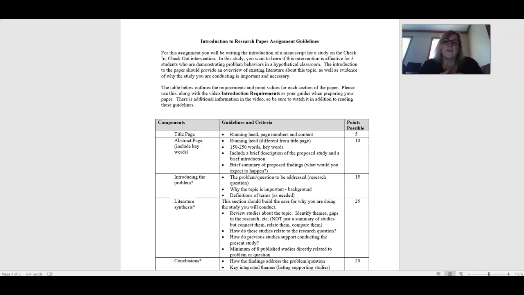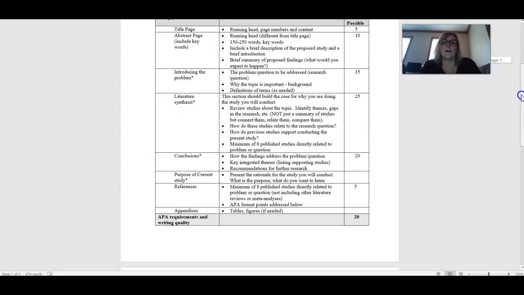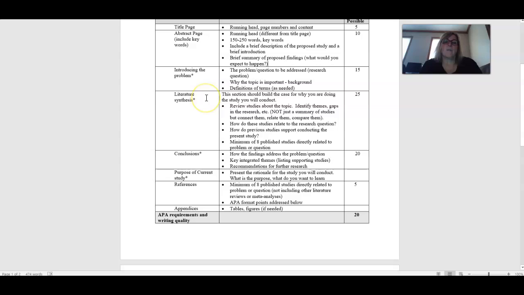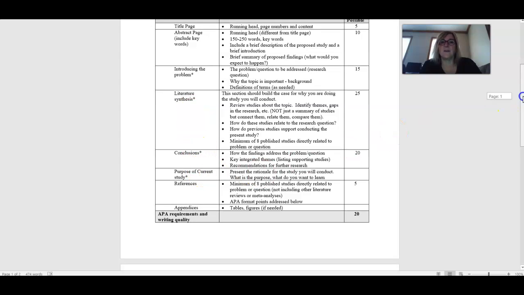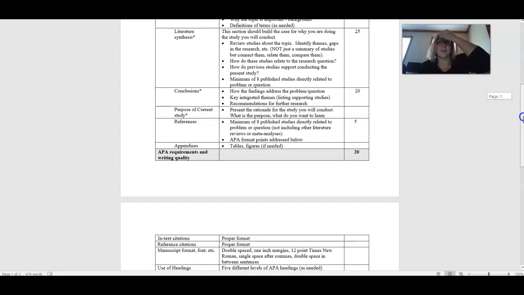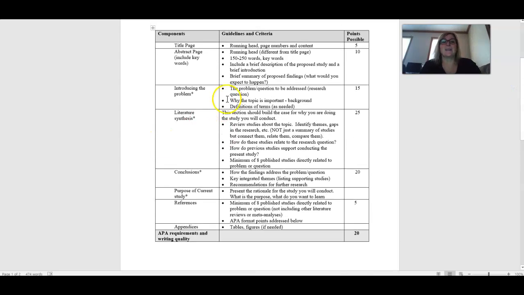Then you're going to write the introduction. And I have broken down the introduction into each of the components of what needs to be included in that introduction. Before I start explaining what each of those are, I just want to make a note that I have some asterisks next to multiple parts of this. I want to make it really clear that these are not headings that would necessarily be included in your introduction.